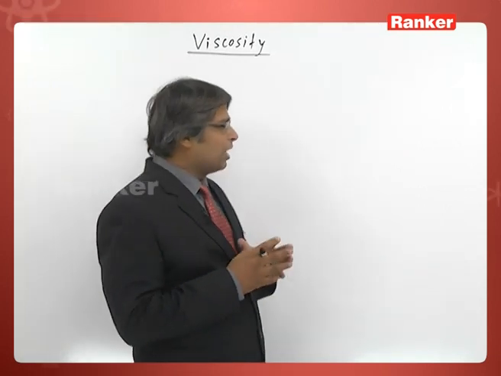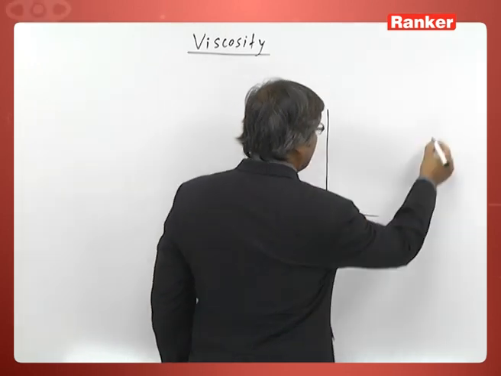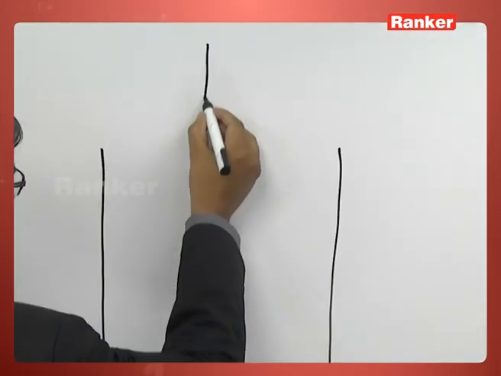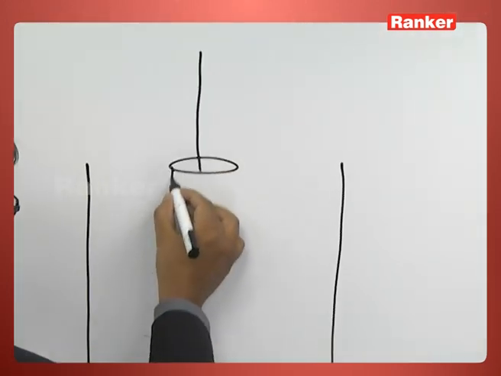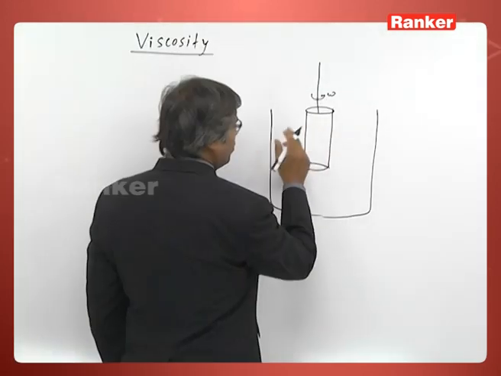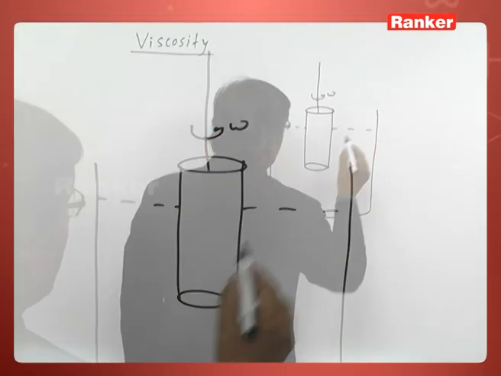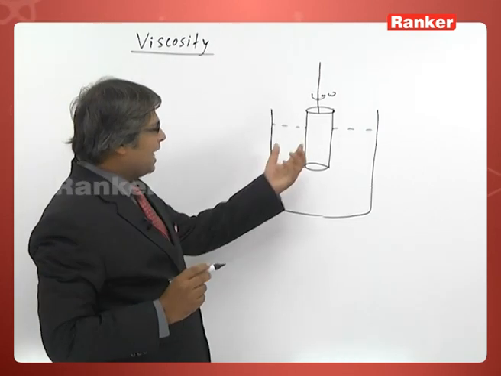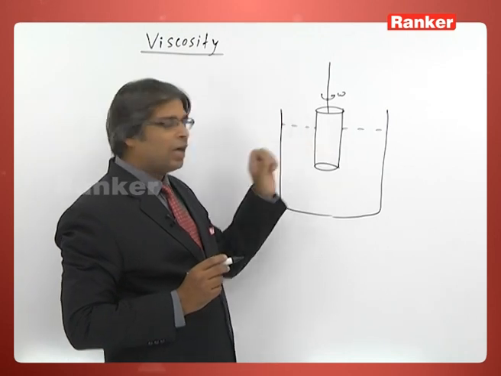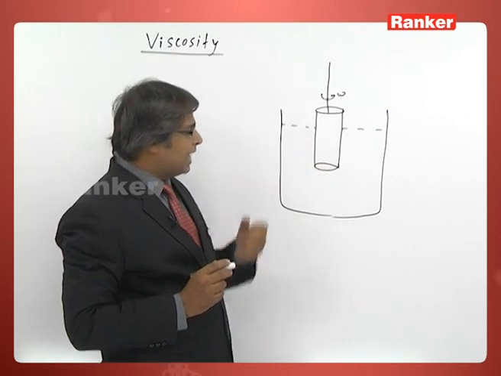So, Newton did a lot of experiments. He took a vessel and then he put a rotating drum in it. This drum is made to rotate and then it is put inside water. He observed that this rotating drum stops after rotating some angle, it stops after some time.